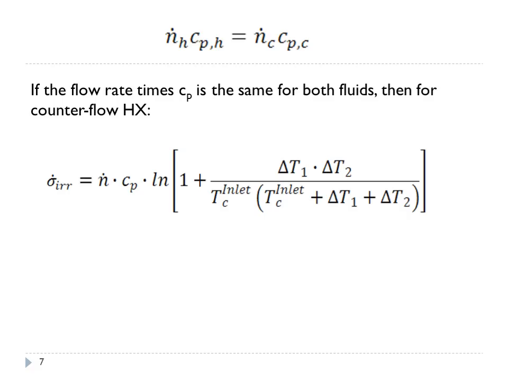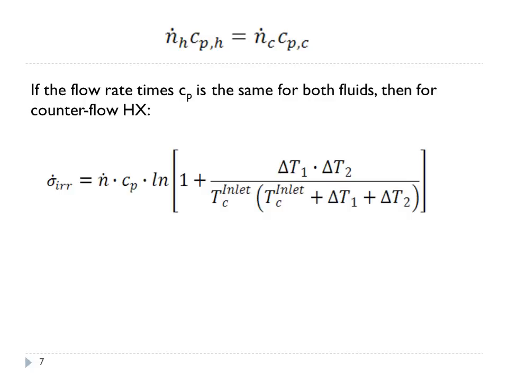Under this particular case, where n dot times C sub P is equal to a constant, you can find that the exergy destruction, i.e., the irreversible entropy generation times the temperature of the environment, sigma dot irreversible, is going to be linearly proportional to the n dot, which should make sense: more exergy destruction when you have more flow.